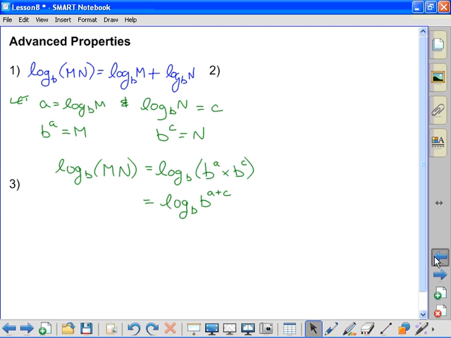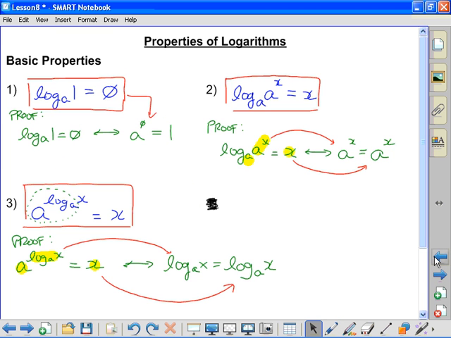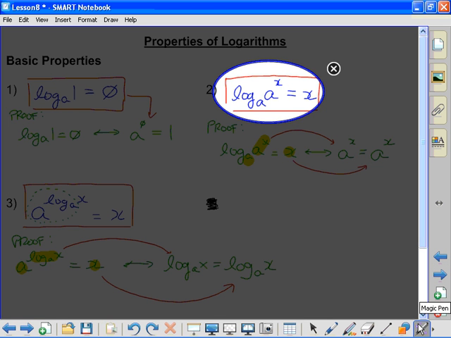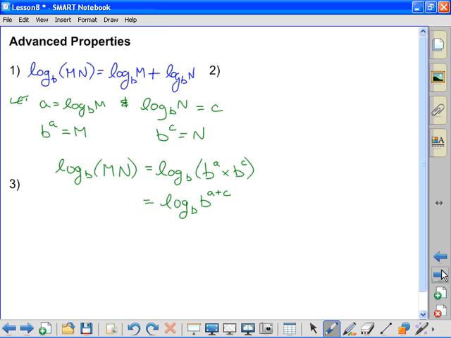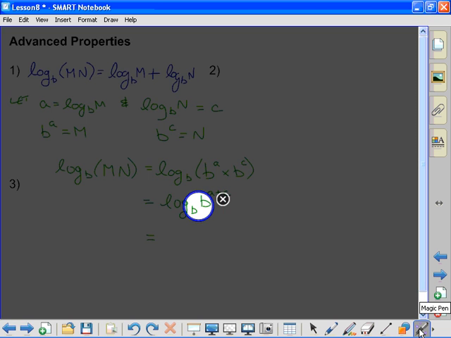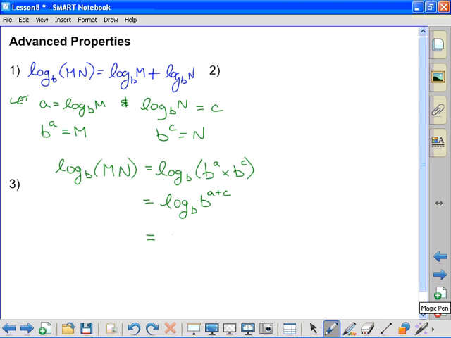If the bases are the same, it's just the exponent that's your answer. The bases are really canceling each other out, so the answer is just a plus c, and a plus c is equal to log base b of m plus log base b of n.